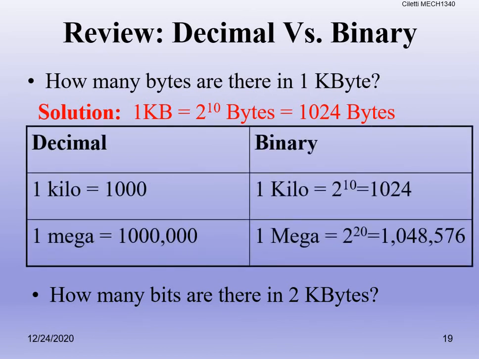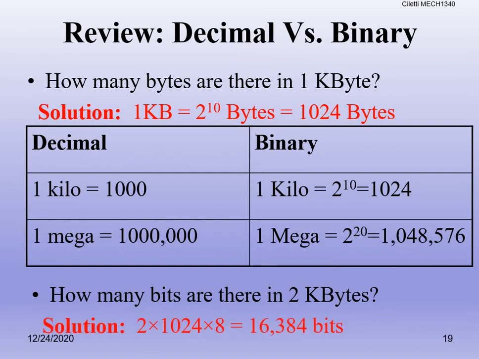In decimal, a kilo is 1,000 and a mega is 1,000,000. But in the binary world, a kilobyte is 1024 and a megabyte is 1,048,576. So there's a big difference between mega in our decimal SI prefix notation and binary.